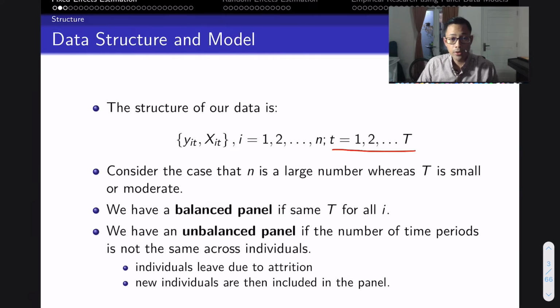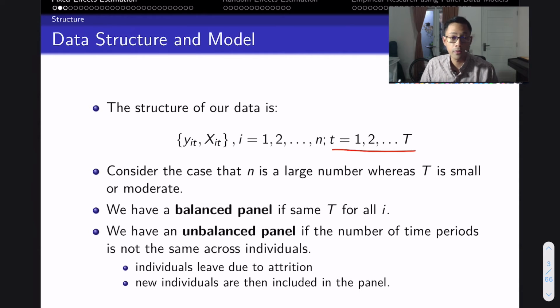However, when you're dealing with data later on, for example, using the Indonesian Family Life Survey or panel data of macroeconomics data, you'll find cases of unbalanced panel. So basically, the number of time periods is not going to be the same across individuals or across units.